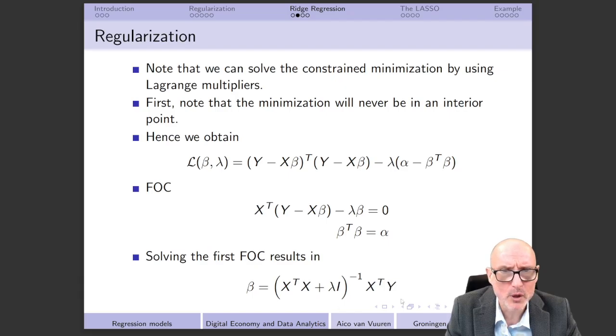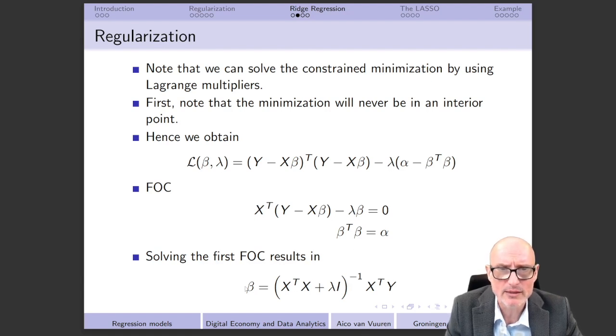For a moment we are going to look at this relationship. Take into account that this is not the solution yet, because lambda has to be solved as well. That is something that we still have to do.